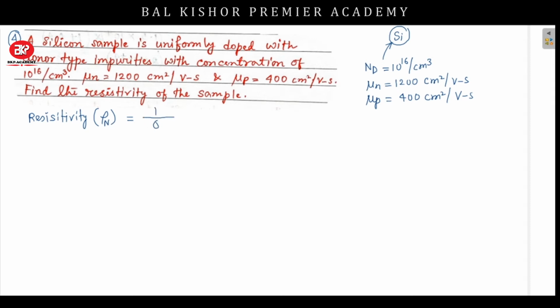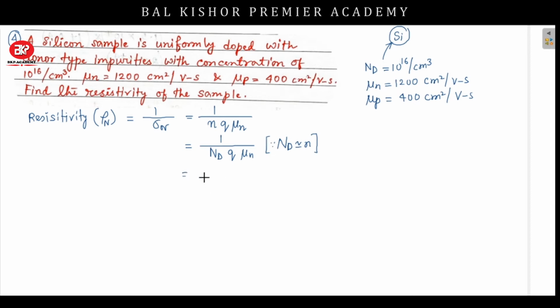So I have to write rho n, that is 1 by conductivity, and the value of conductivity for the n type material is n q into mu n. So for this case, the electron concentration n will be equal to Nd, because for an N-type semiconductor, the Nd value is nearly equal to the electron concentration.